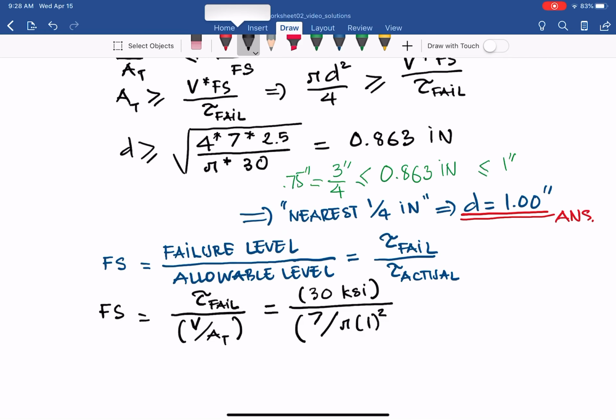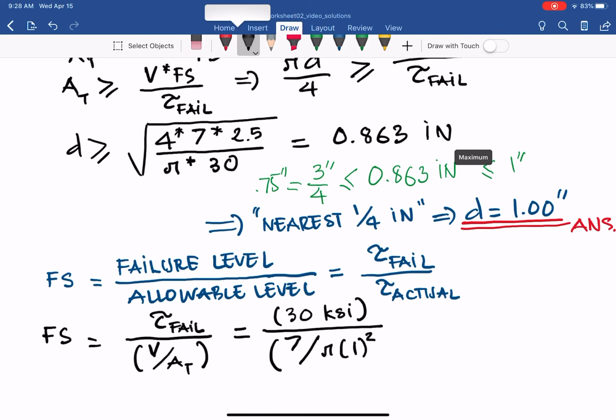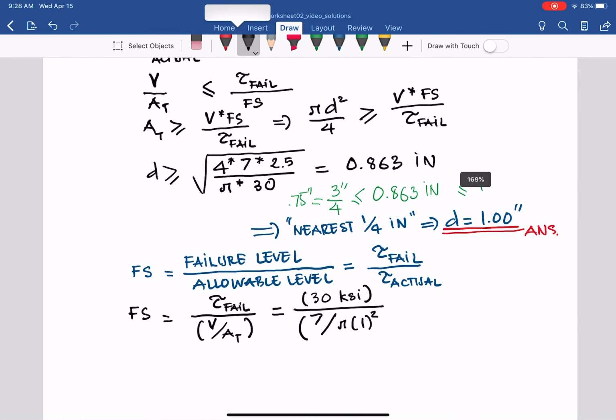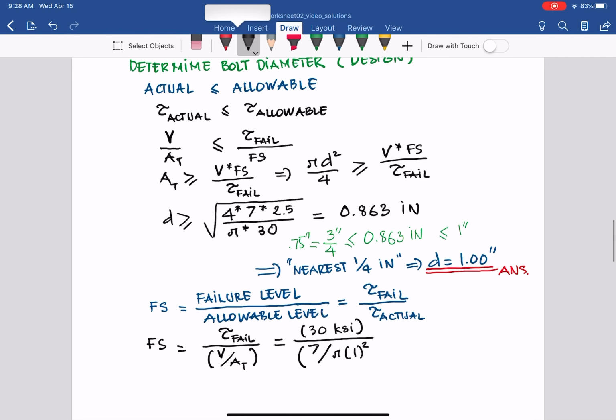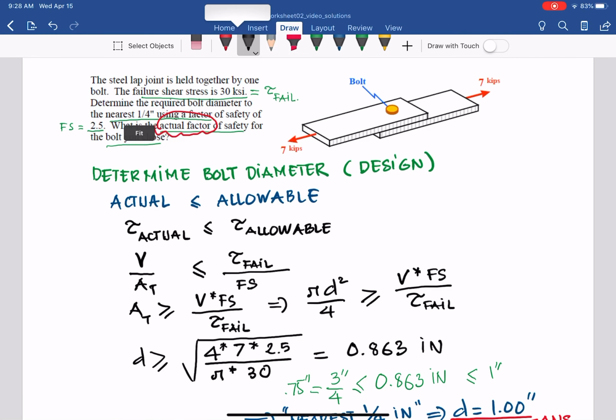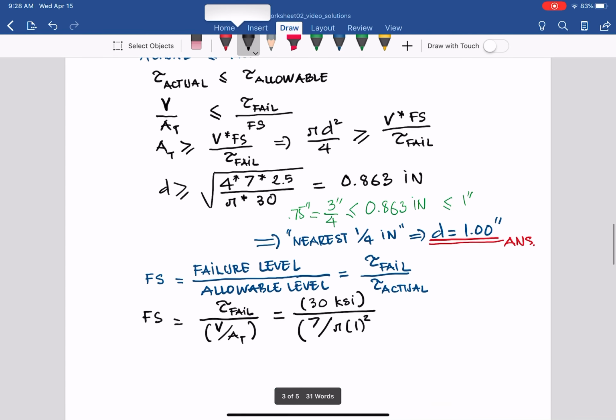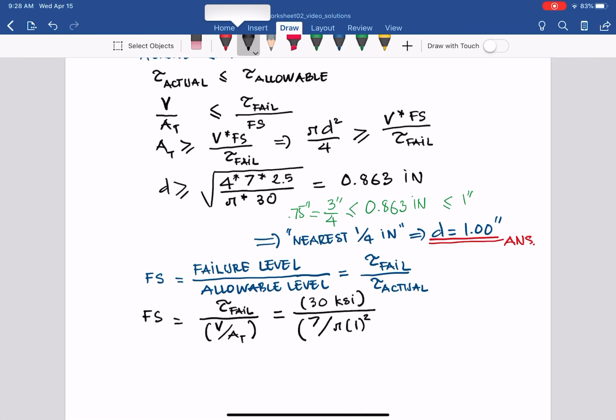If you plug 0.863 inches in for D, then you still get the original factor of safety of 2.5, right? But now because you chose a little bit upper, the actual factor of safety is a little bit different. So with that equation plugged in, you get 30 over 8.913 KSI.